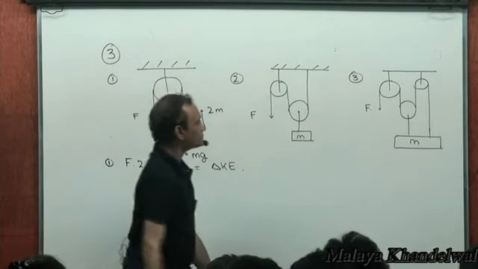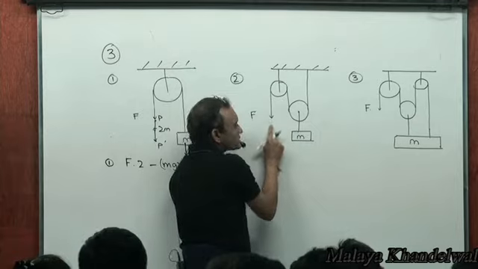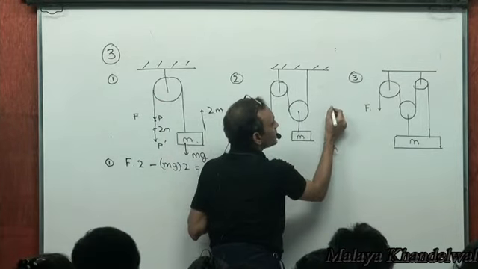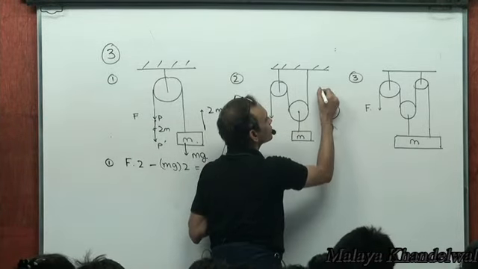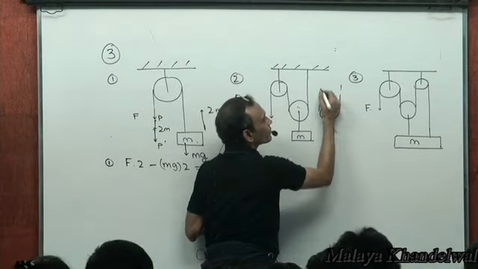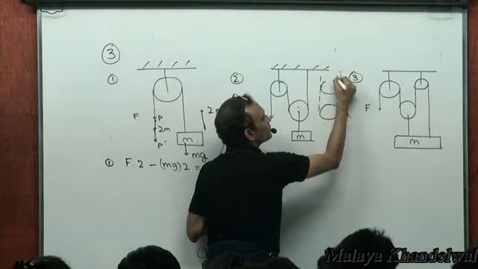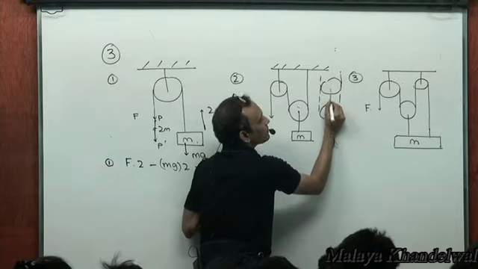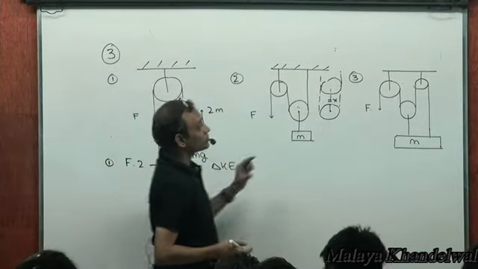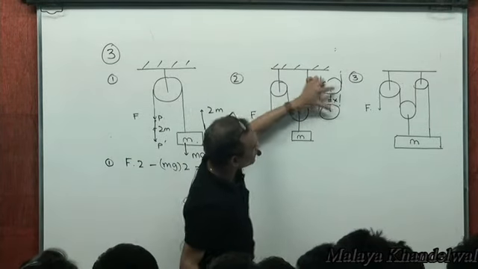look, when this goes down, this pulley moves up, right? See, as far as this pulley is concerned, the moving pulley, do you realize that when the moving pulley moves up by x units, then it will release x units here, x units here.